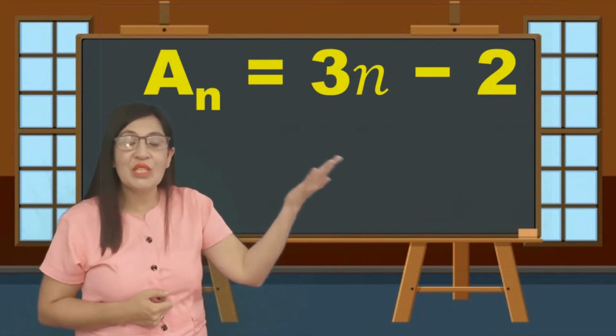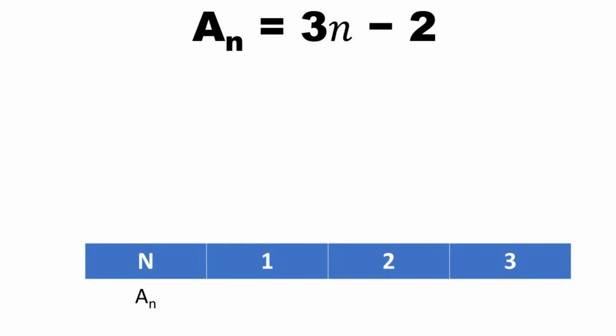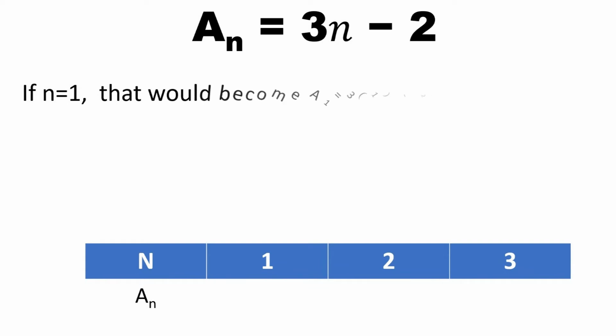Just simply substitute the value of n by 1, 2, and 3. First thing to do is to make a table of values. And a sub n equals 3n minus 2. If n equals 1, we will have 3 times 1 equals 3. That is, 3 minus 2 equals 1. So the first term is 1.